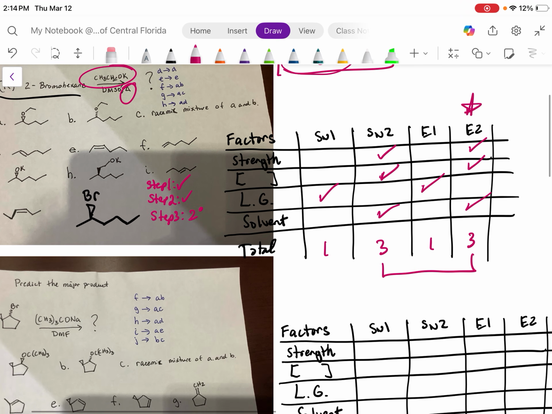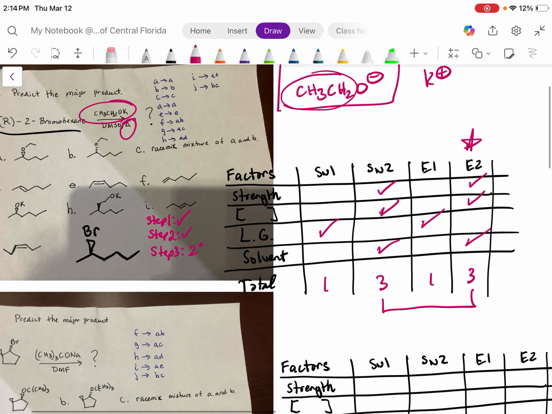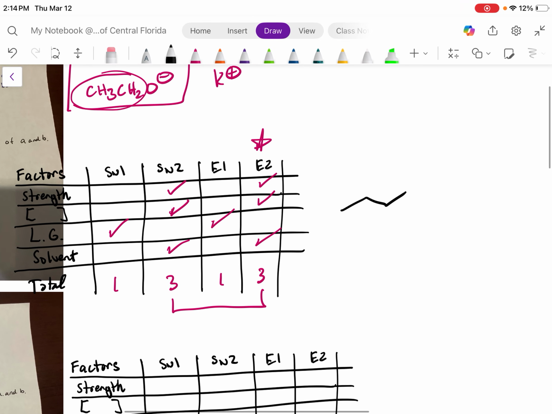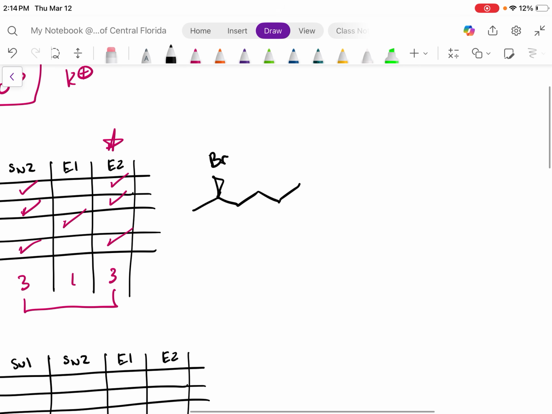And then from there, we have to analyze our starting material. There's our starting material. We said E2. And so with the E2 mechanism here, the base was ethoxide, I believe. And so we have options here.